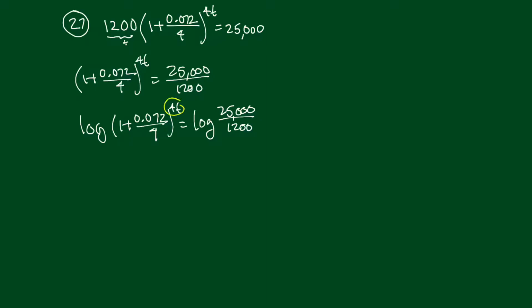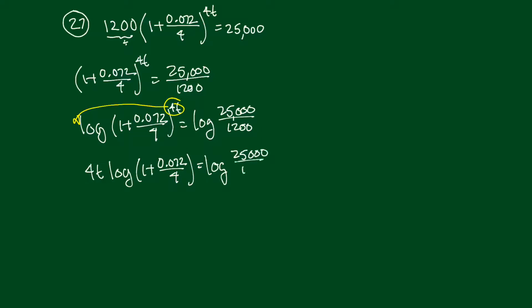Now let's bring this 4t down in front as that multiplier. So we will have 4t times the log of 1 plus 0.072 over 4. That's going to be the log of that quotient, 25,000 over 1200. And now I'm getting close to this t here.